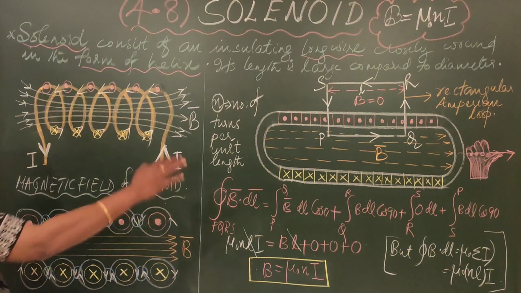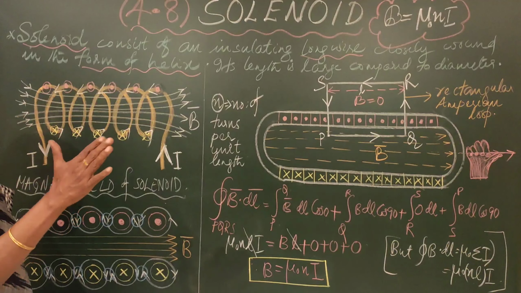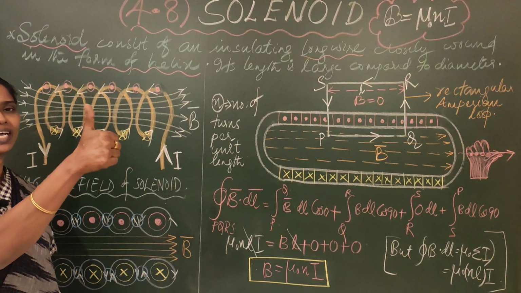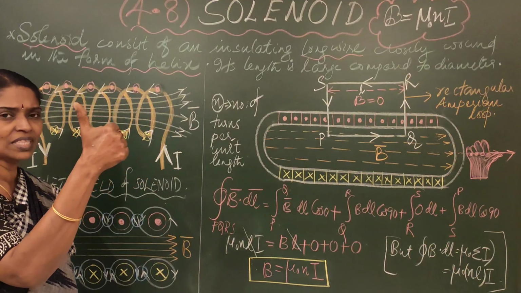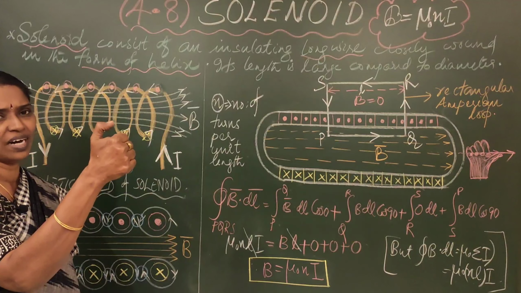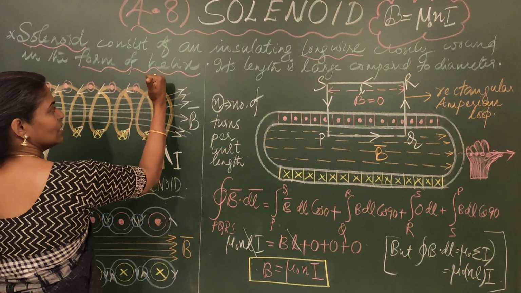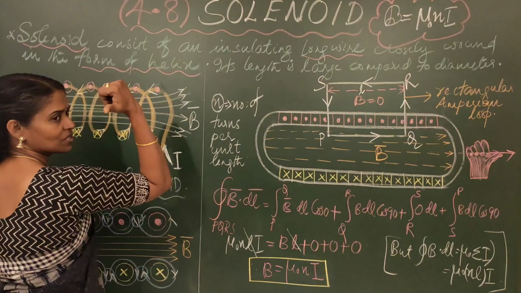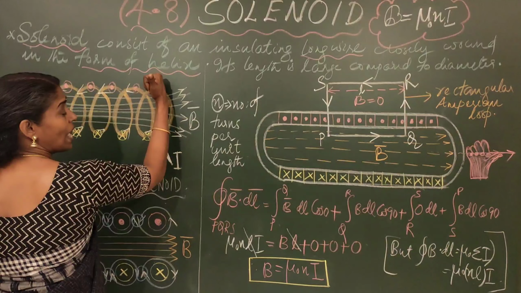Now, for each dot, you take the right hand grip rule to show the direction of the magnetic field. Hold the right hand with the thumb pointing in the direction of the current. I am pointing the thumb in the direction of the current, out. So what about my curled fingers?